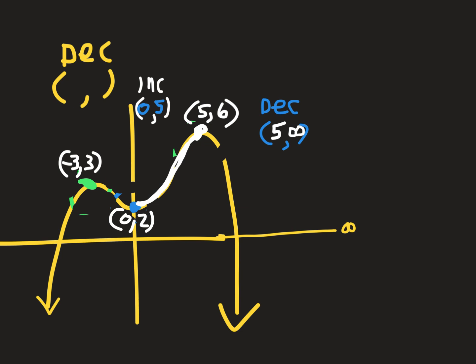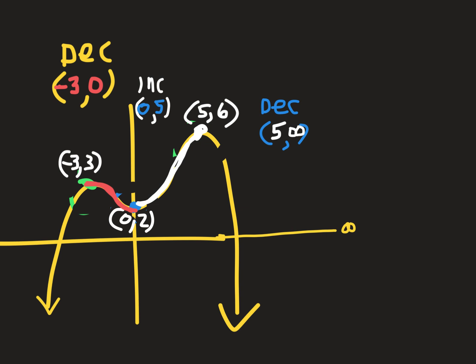Hopefully you at least knew I was talking about this red zone right here. I just made it red. It was decreasing in there, and if you just know that it's the X values, it'd be from -3 to 0. It's the only numbers you can pick, because they're the X values.